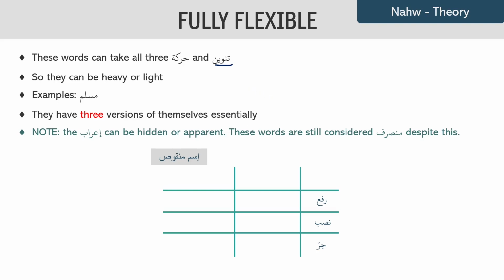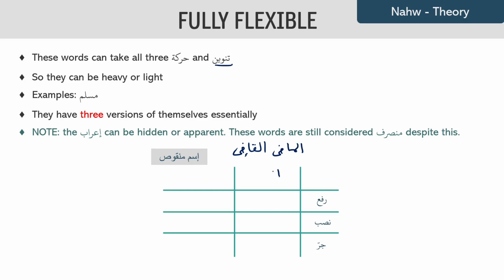But there is one note, very technical, to add here: the i'rab can be hidden or apparent, but these words can still be considered munsarif. I'll give one example. These are your ismul manqus, words like al-madi or al-qadi. Basically, they have a kasra, and then after it they have one ya.